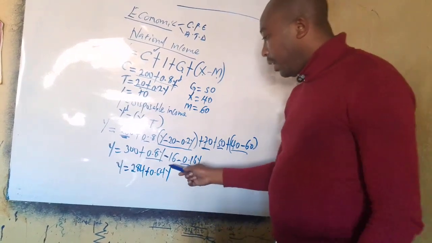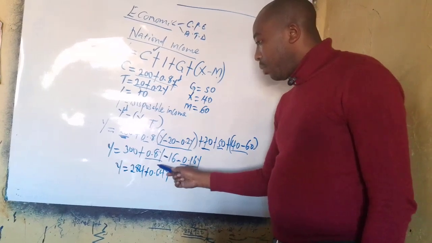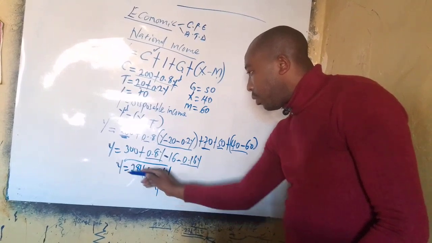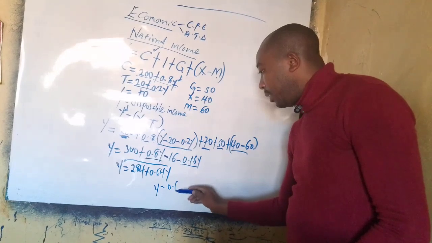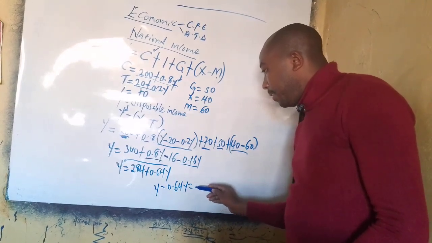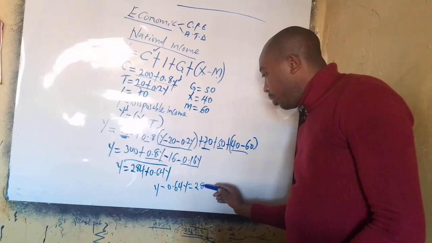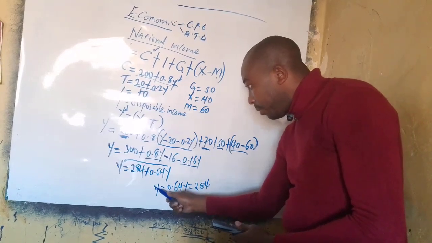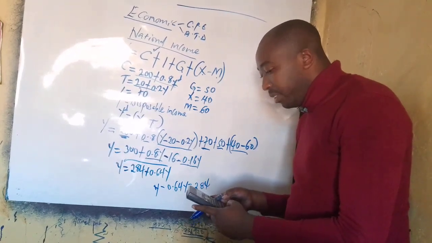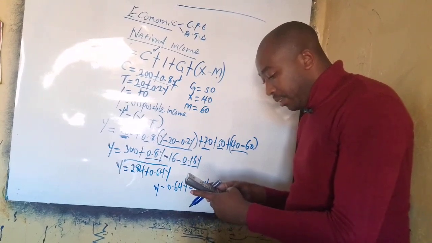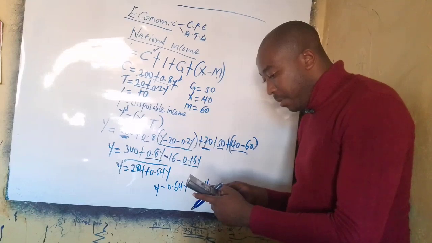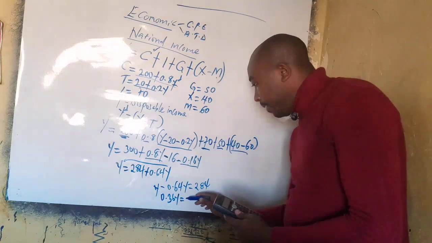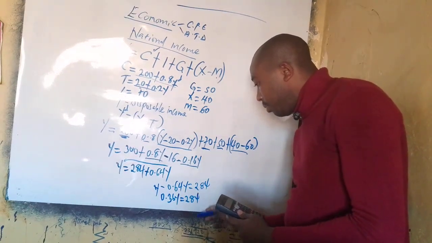Up to that point, like terms together, take this Y to the other side. You get that this is whole number Y minus 0.64Y is equal to 284. Take Y as 1, because it is 1Y. 1 minus 0.64, I'm getting 0.36Y is equal to 284.